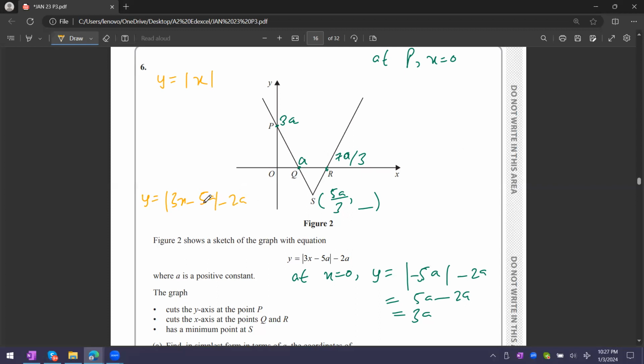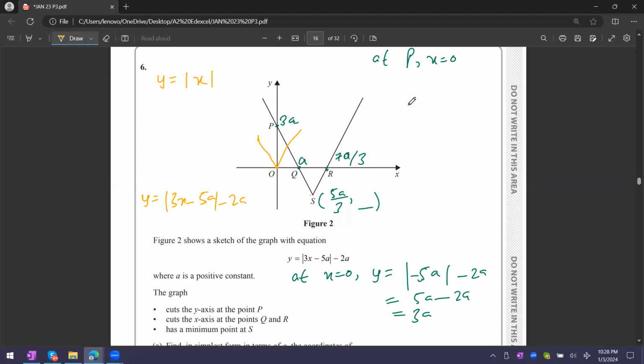So the first step is how this point, the origin, reached here. First of all, there is minus 5a. That means it moved towards the right by 5a.